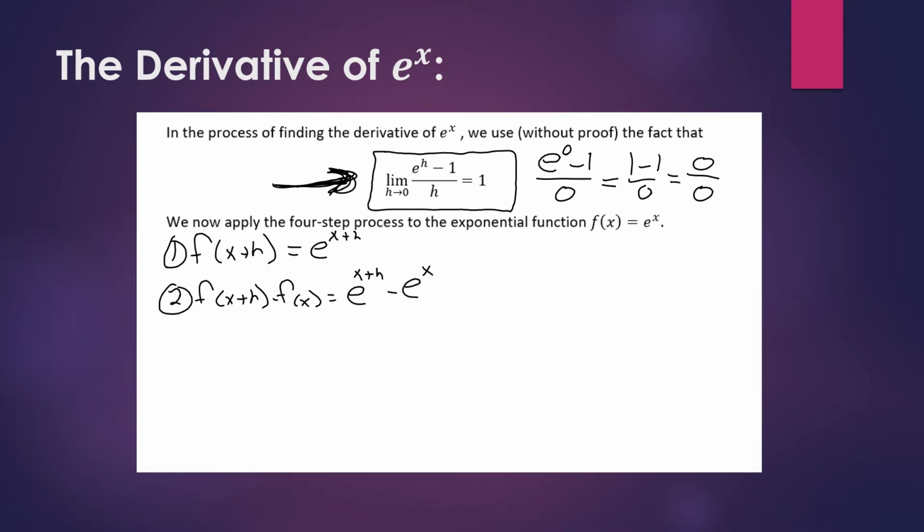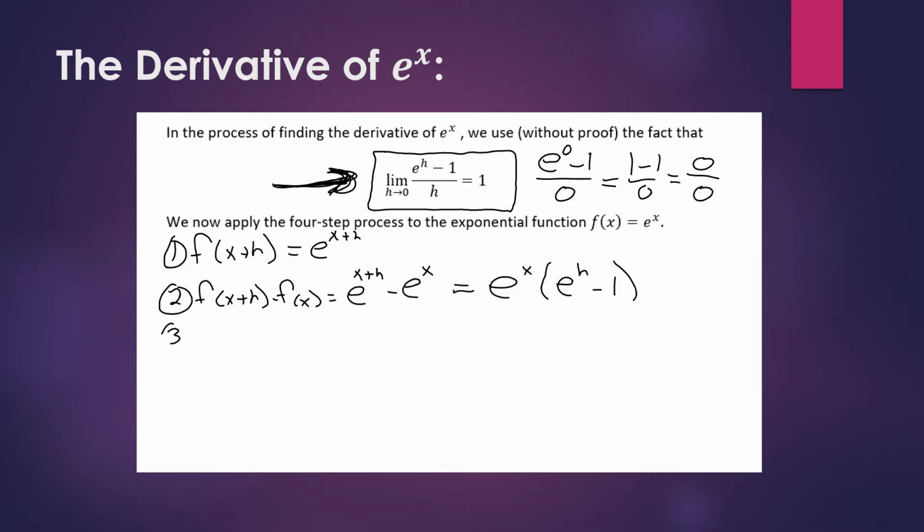Now here we can do some reduction. It won't do much until our next step, but I can factor out an e to the x. And then what I'm left with is e to the h minus 1. That doesn't help us too much right now, but let's go ahead to step 3.